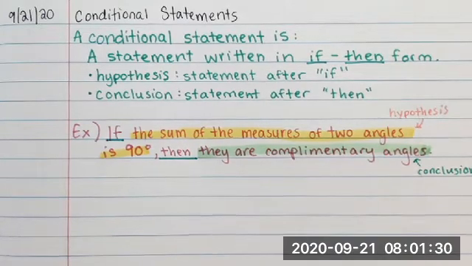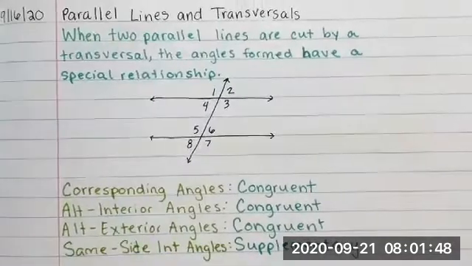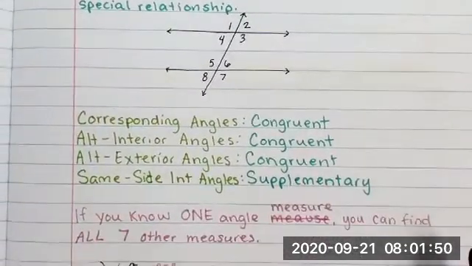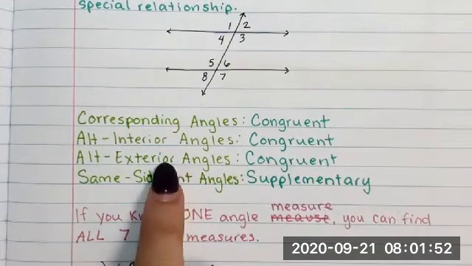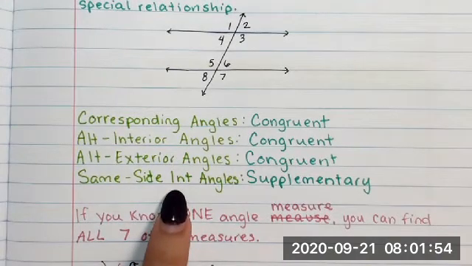Now, one of the reasons we use conditional statements in geometry is, for the most part, our theorems are all formally written as a conditional statement. So, for example, looking back at the last lesson, these were all technically theorems.